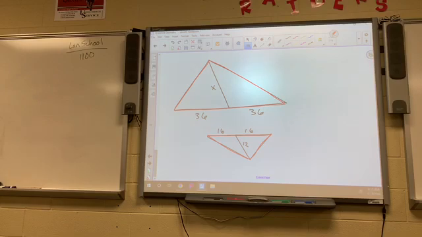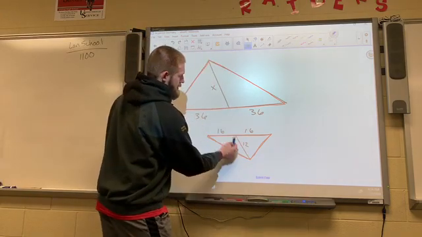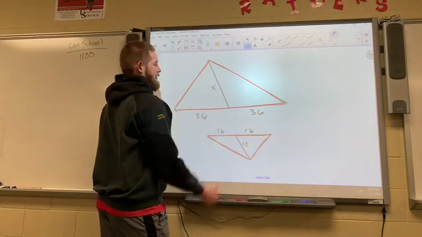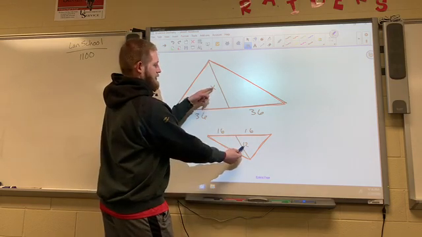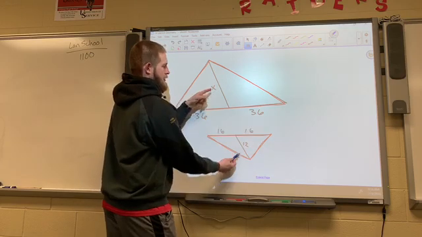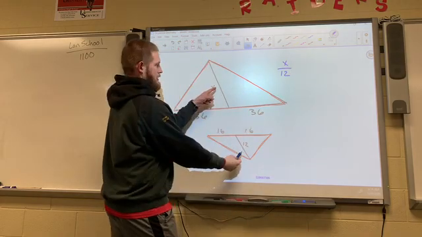So when I'm setting up a proportion here, since this is a median and this is a median, it goes from midpoint to the vertex. They have to be proportional, or they have to be proportional to the sides, yes. Okay, so I'm going to do x over 12, because those are the medians.